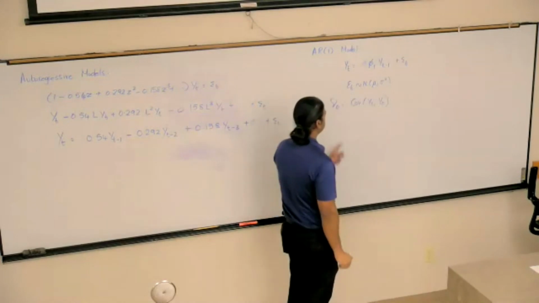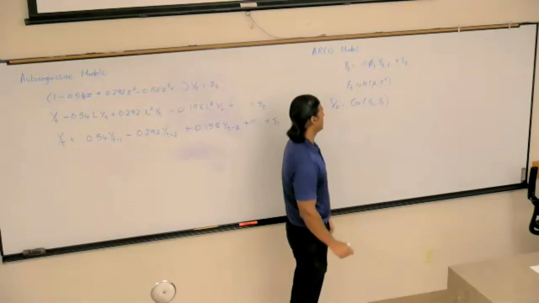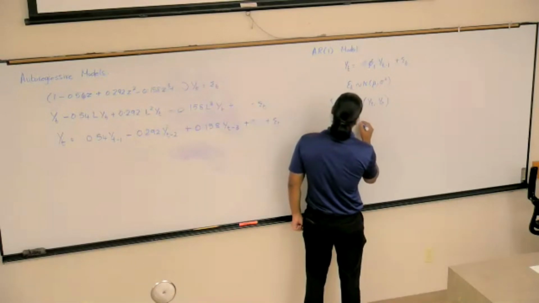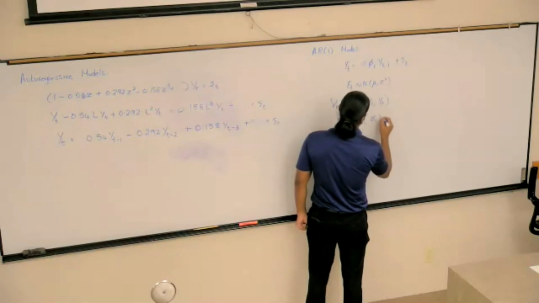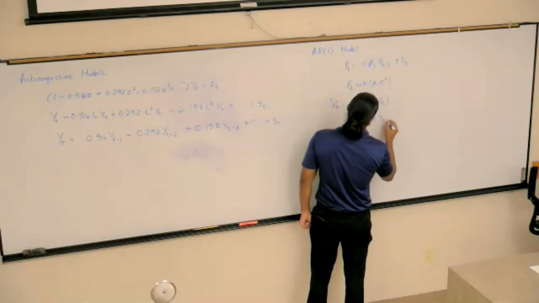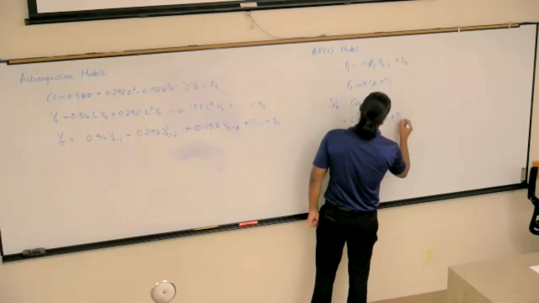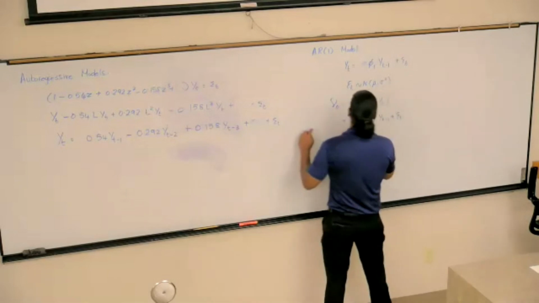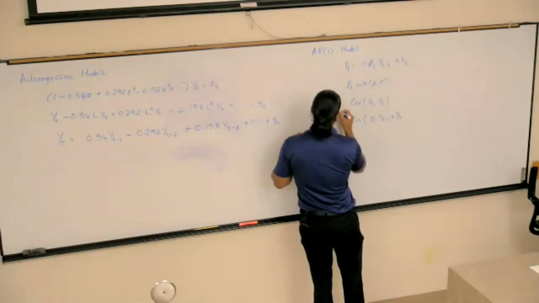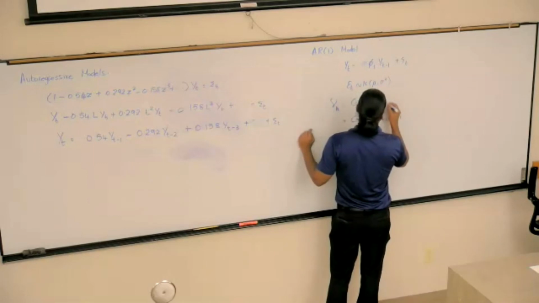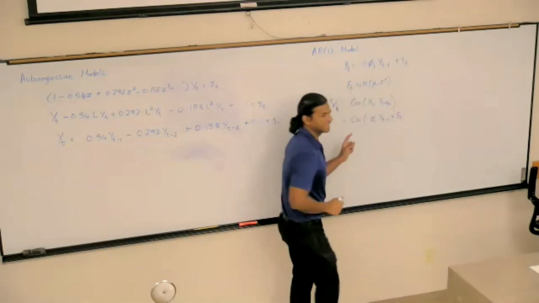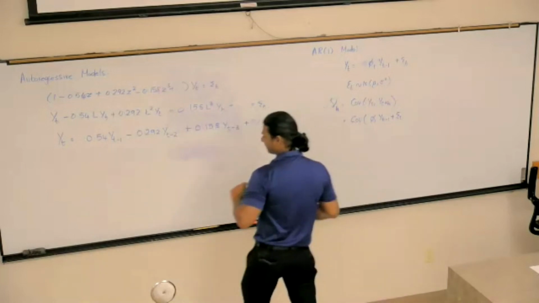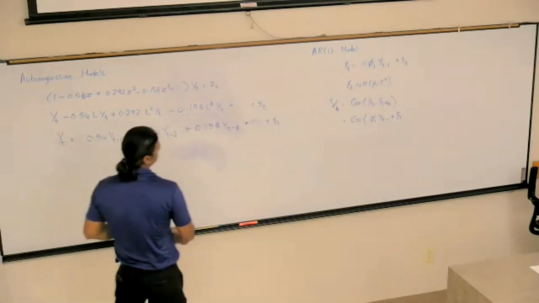So we want to define the covariance of yt, yt plus h. This way we could simply plug in the value of h.